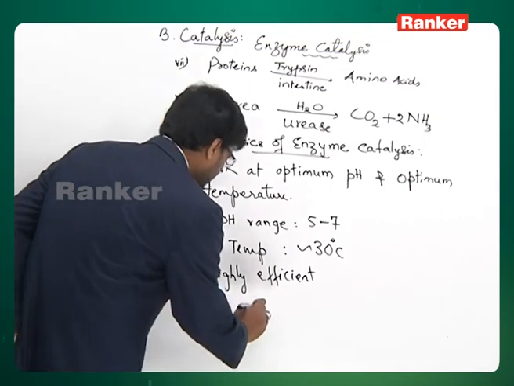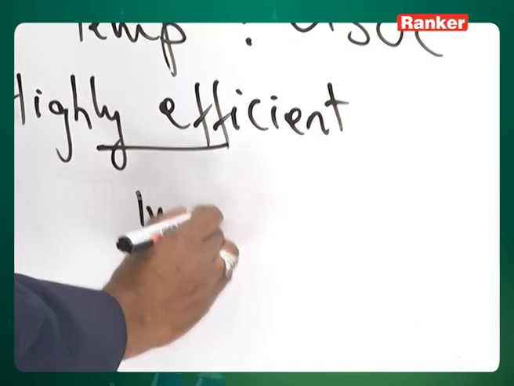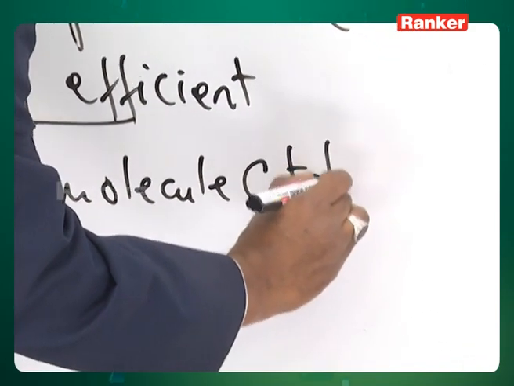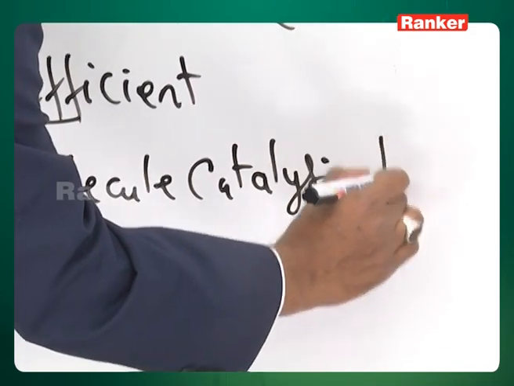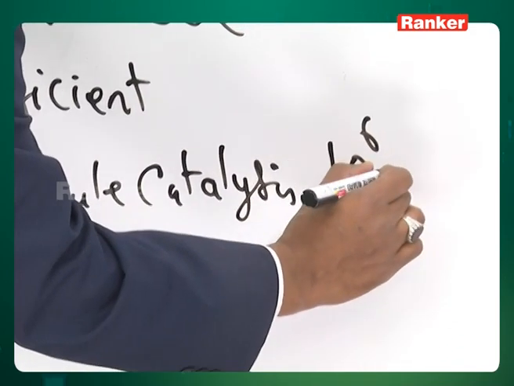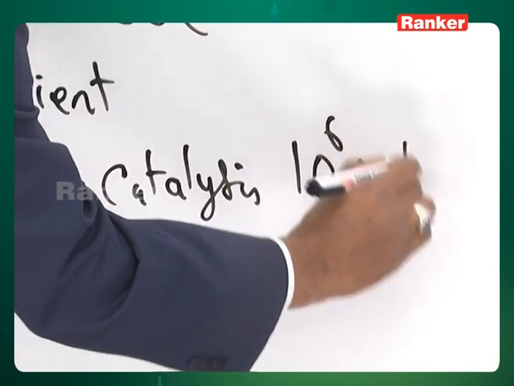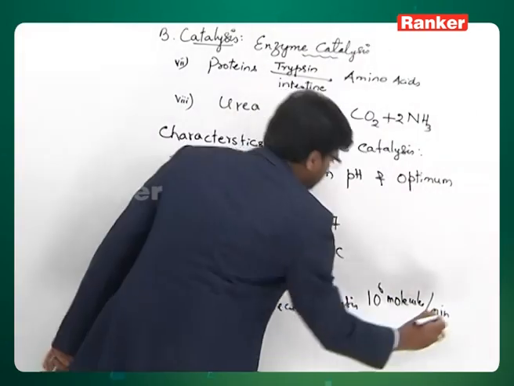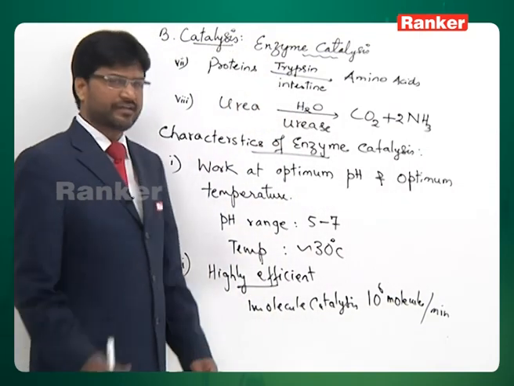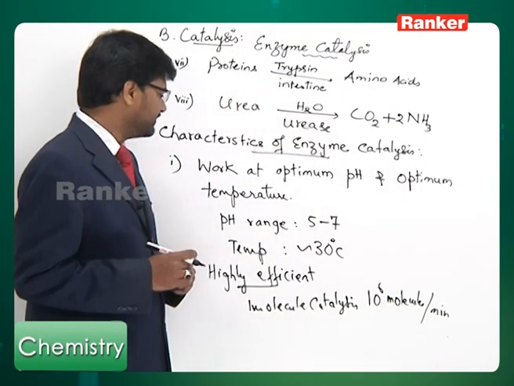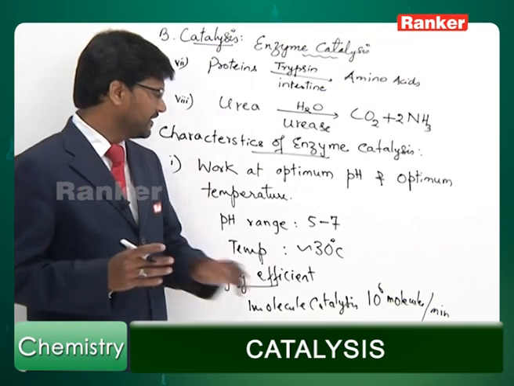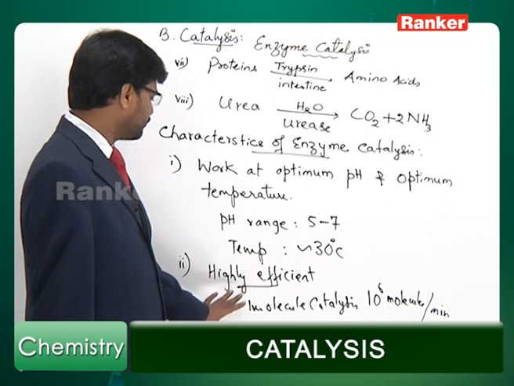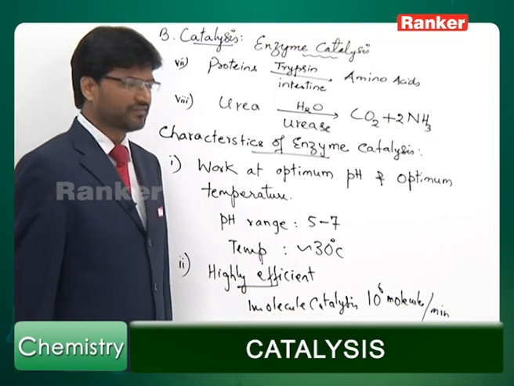It has been reported that one molecule of enzyme catalyzes 10 power 6 molecules of reactants per minute. It has been estimated that about one molecule of enzyme will catalyze 10 power 6 molecules of reactants in a minute. So that shows high efficiency of enzymes.